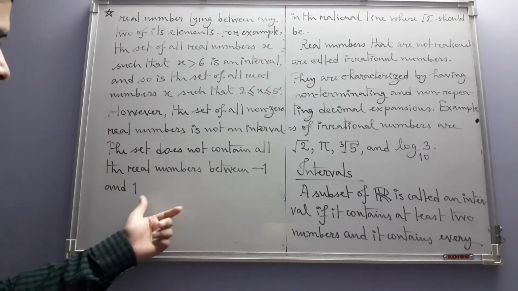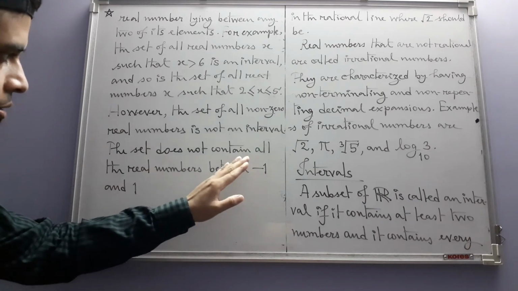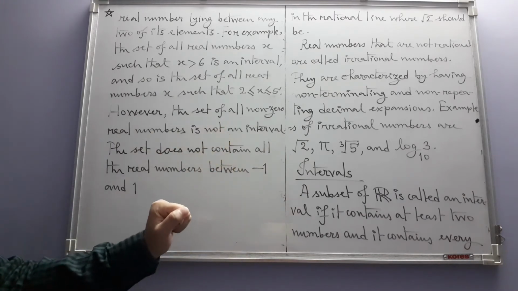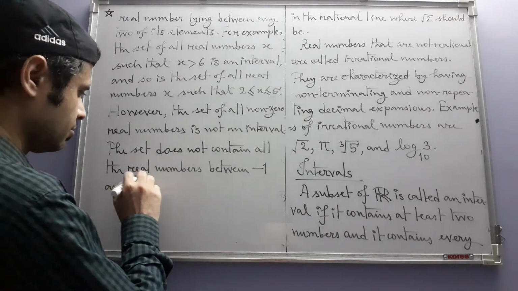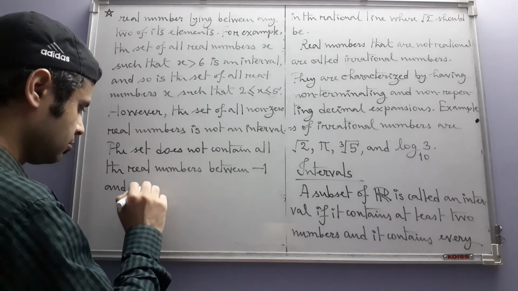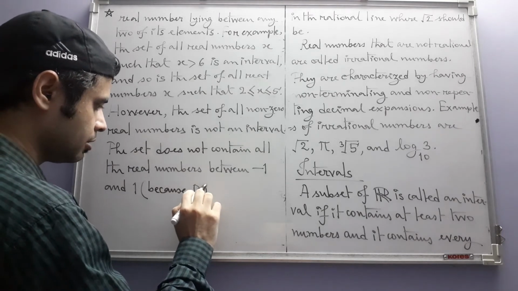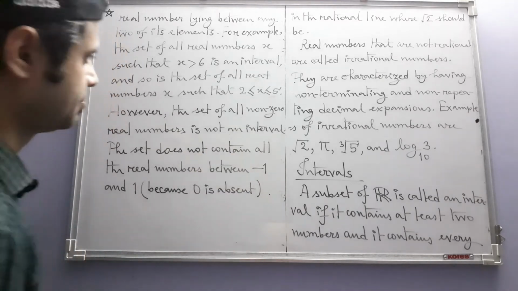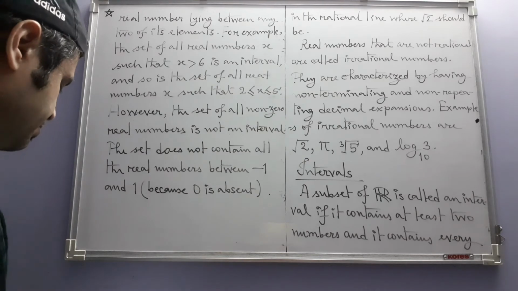Note that -1 and 1 both belong to the set because both are non-zero real numbers, but all the real numbers lying between -1 and 1 are not there in the set. One number is not there, that is 0 itself, because 0 is absent from the set. Okay, so that is not an example of an interval.